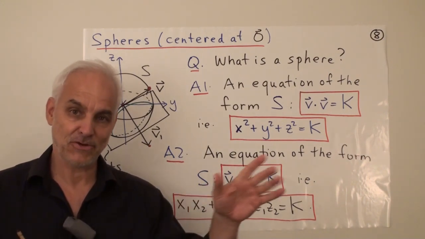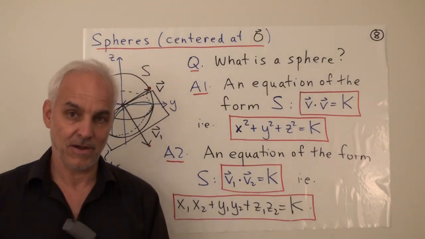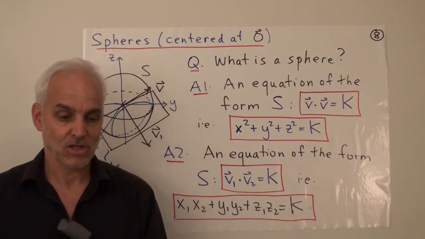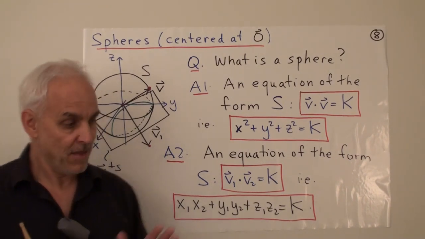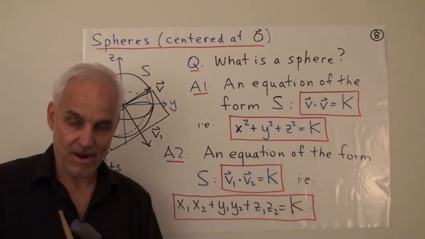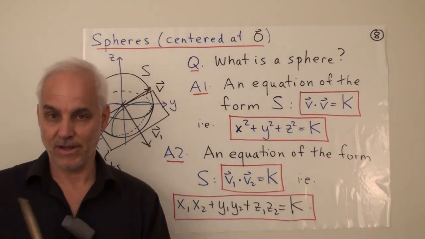There's a little smattering of it here and there in linear algebra courses, but not very much and not very well done, I have to admit. So we're going to try to rectify that a little bit, and this is certainly a good way to start thinking about the geometry of three-dimensional space metrically.